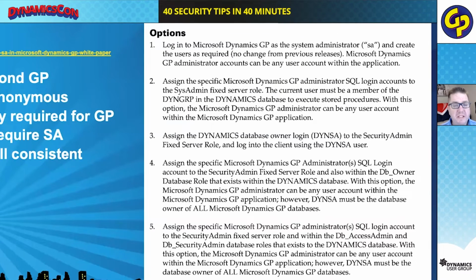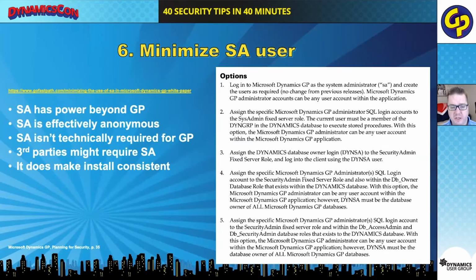Some of them, number 1 is use SA. But number 3, number 4, number 5, ways to get around that. Number 2, actually 2, 4, and 5 are really the best ways to get around that, where you actually have a named user, a user inside of GP who can make changes.